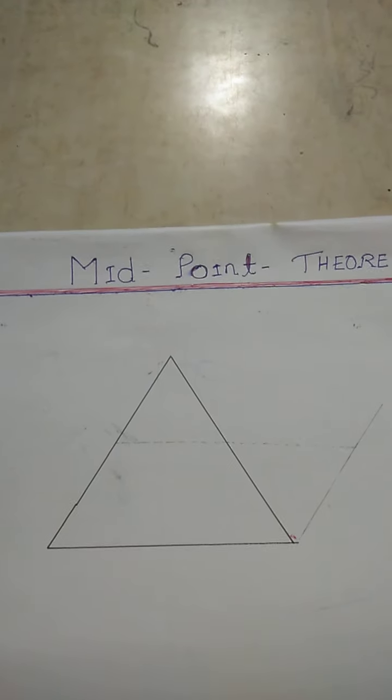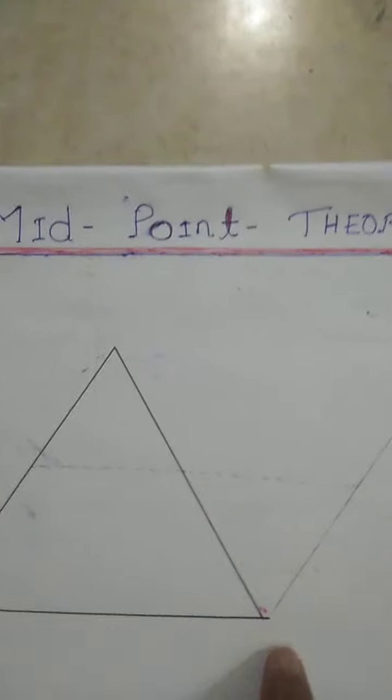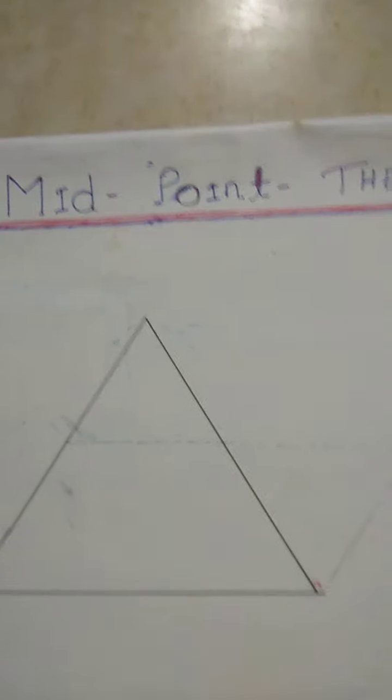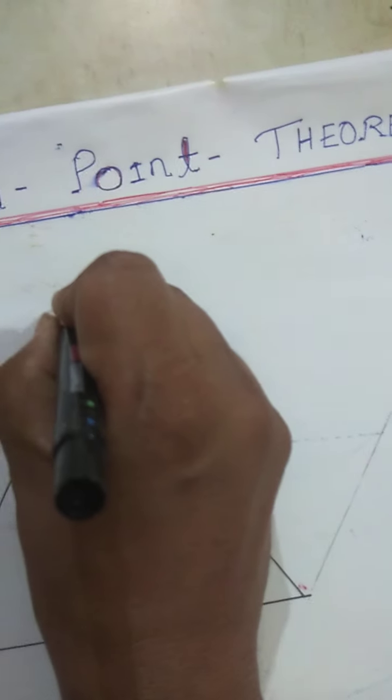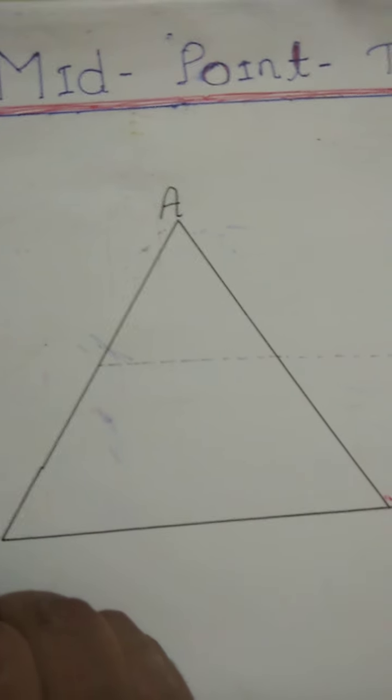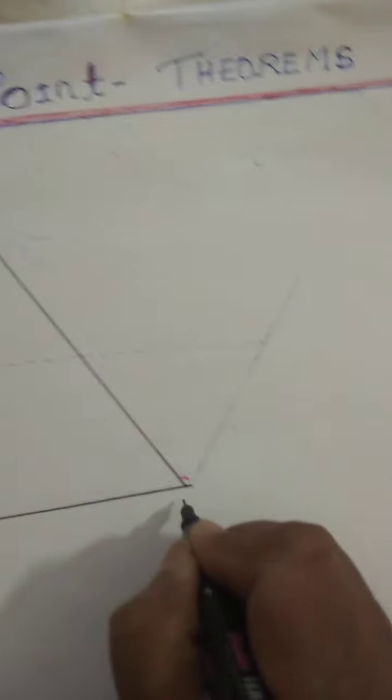Okay children, now I am going to show you the midpoint theorem. Check here, I have already written midpoint theorem and I have made one triangle here. This triangle I am going to name ABC.